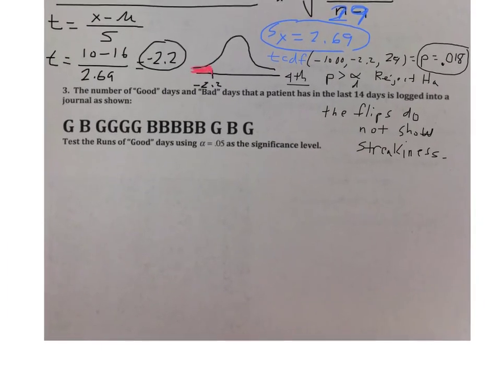I like the way it finished up in the last question with a psychology example. So a psychologist or even a patient, it doesn't have to be mental health, it could just be physical health. Are there strings of good days or bad days with the patient? Do they come in runs? I think if you're trying to establish if somebody's having some trouble mentally, you're going to have maybe strings of bad days and strings of good days.